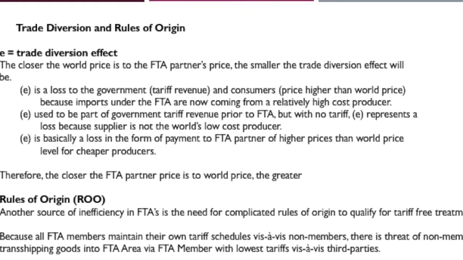One of the components of that inefficiency is something called rules of origin, which we've talked about a little bit in the list of commercial policies that we've gone through. Rules of origin are essentially complicated bits of paperwork that producers, companies, have to fill out in order to qualify for tariff-free trade with your trading partners in your free trade area.